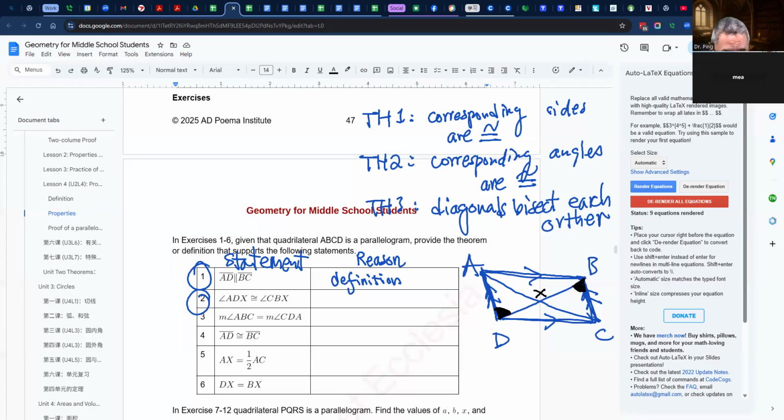Very good. And that actually is based on the definition, because we know that they're parallel.